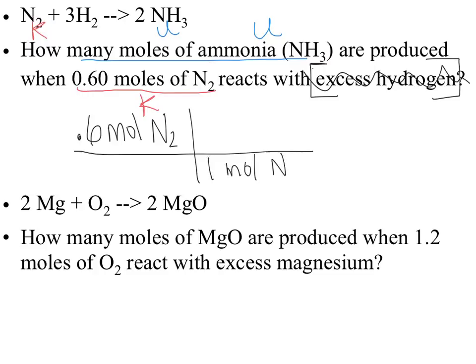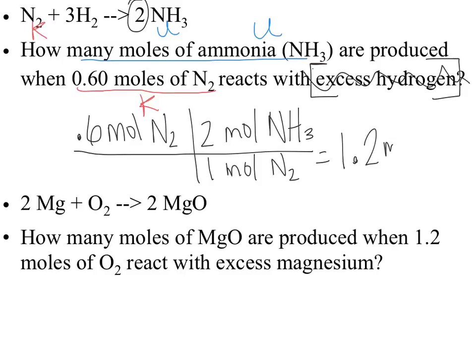And then I've got 2 moles coming from the coefficient here of my NH3. So 0.6 times 2, we end up with 1.2 moles of NH3. Okay, let's try the next one.